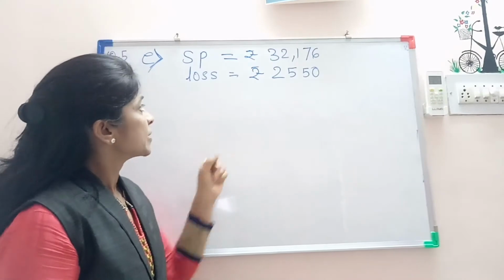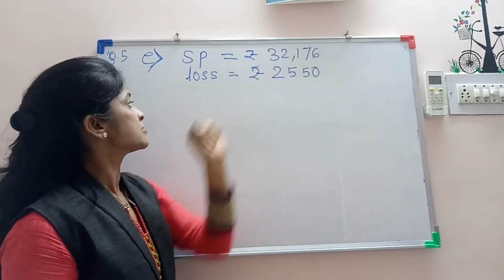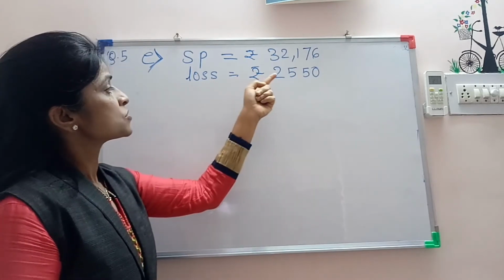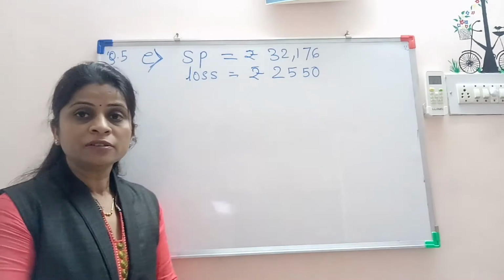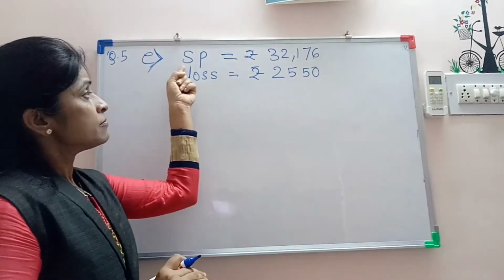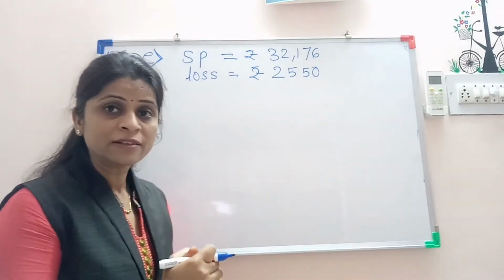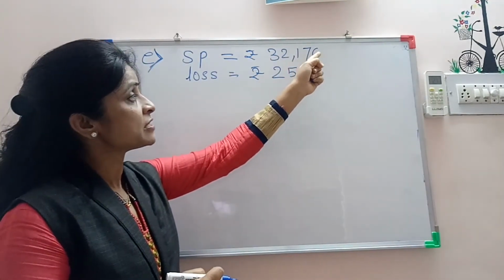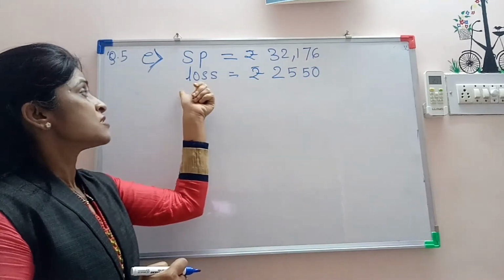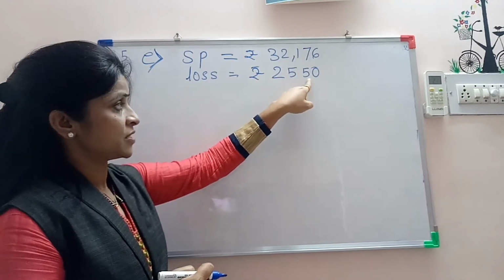Now let's see. Selling price is given rupees 32,176, loss is given rupees 2550. Now imagine here Ram sold his mobile at rupees 32,176 and incurred a loss of rupees 2,550.